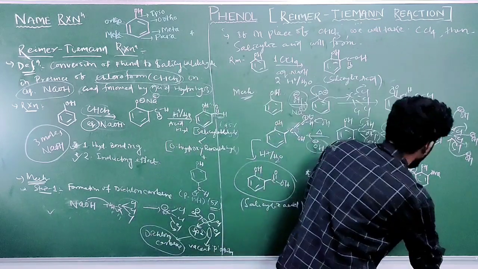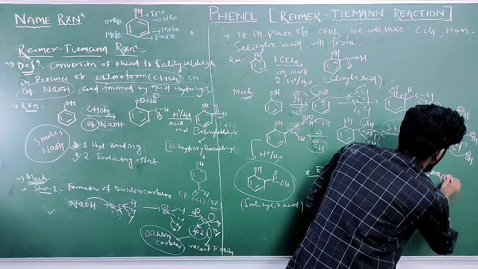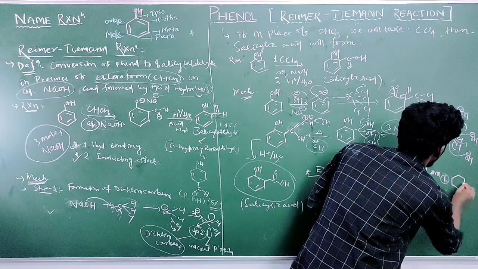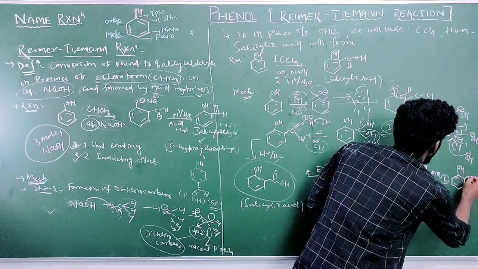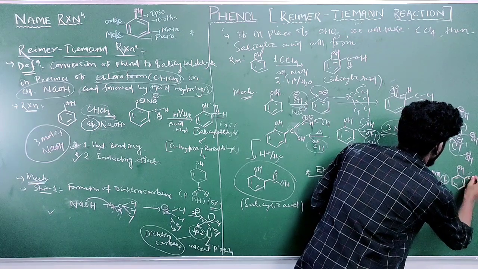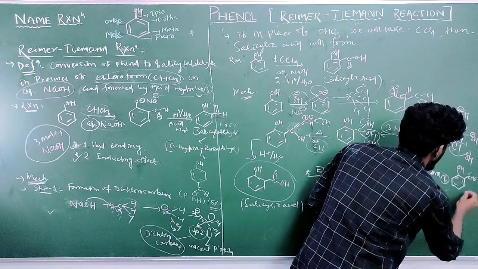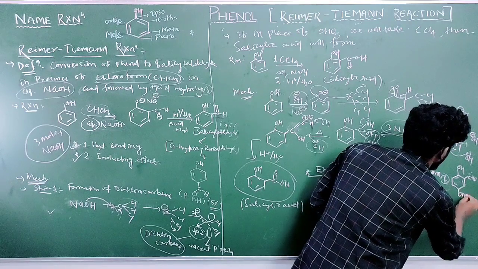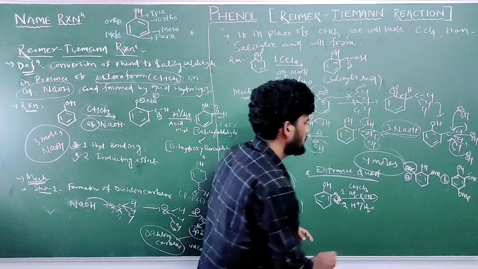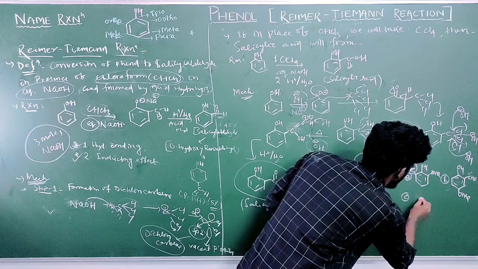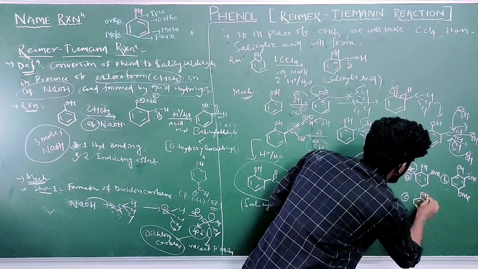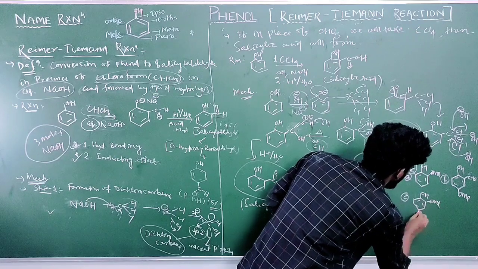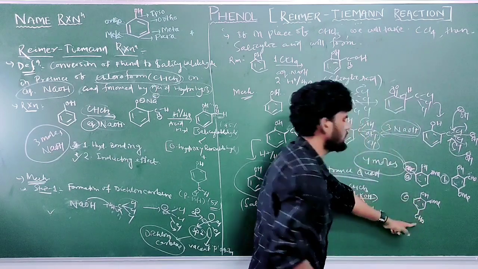This is option A. And option B, on the right side, OH, CHO this side, then OMe here. This is option B. And in option C, OH, OMe, and here at para position to OH there is CHO.